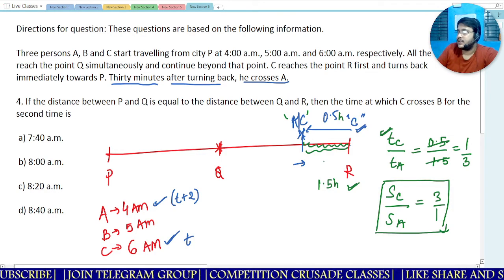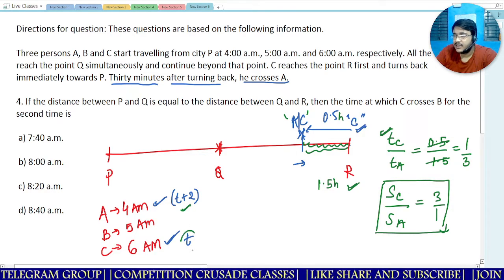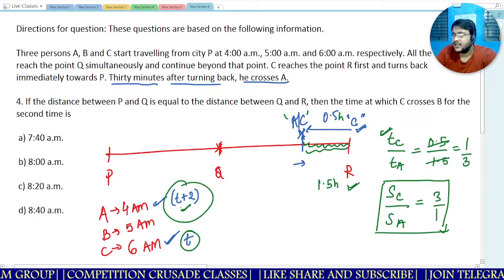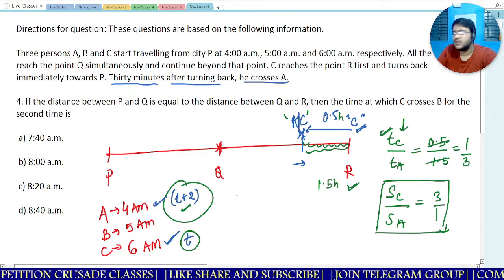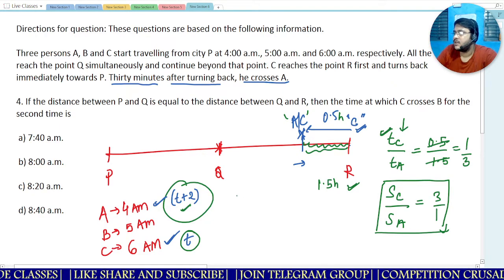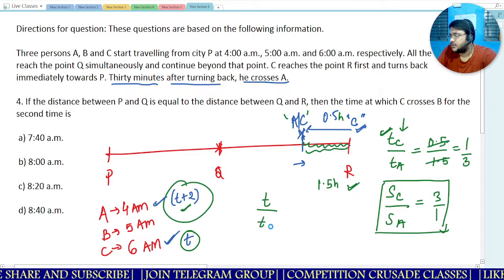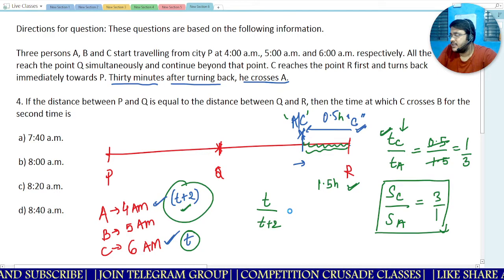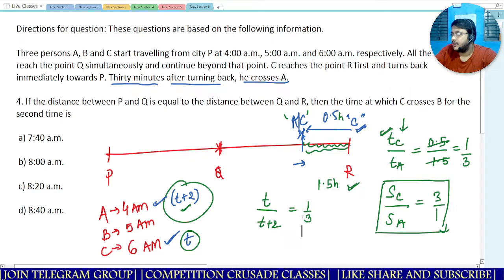I have already mentioned that C is taking T hours and A is taking T plus 2 hours. If I substitute the values, I have done this in the last video, but because this is an extension, I'm doing this again. So T upon T plus 2 is equal to 1 upon 3. Let me go a little down.